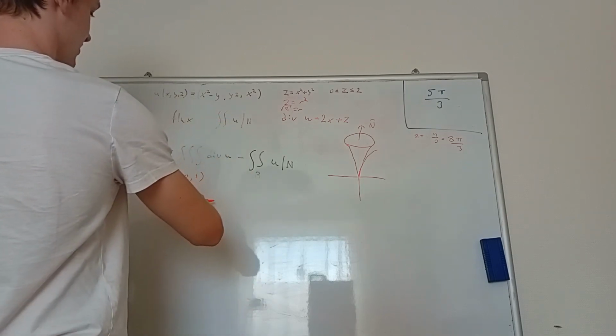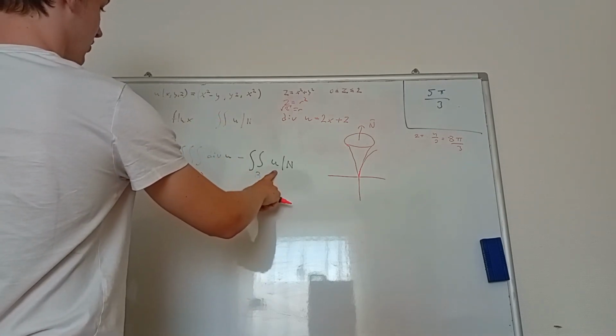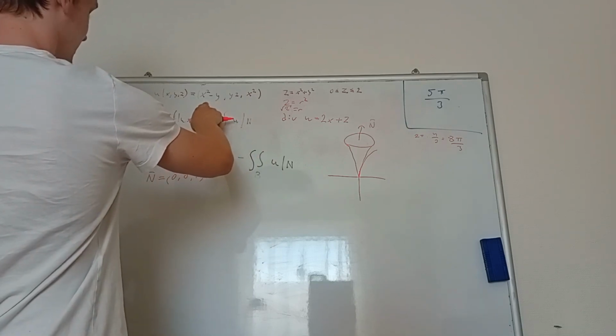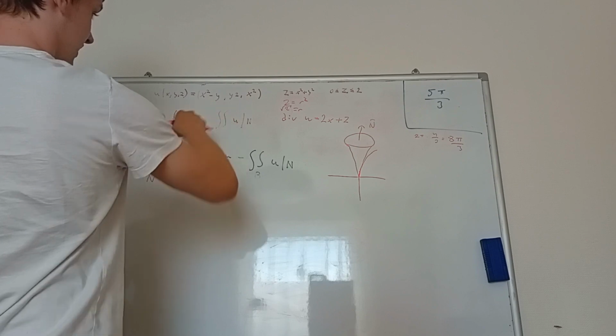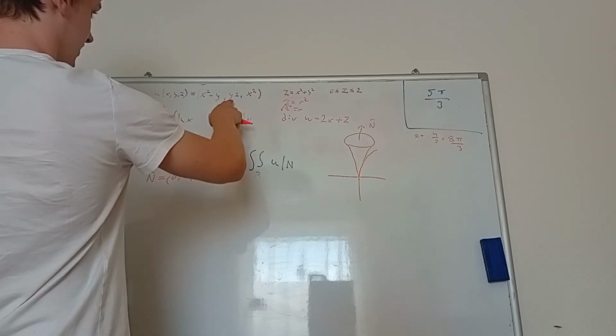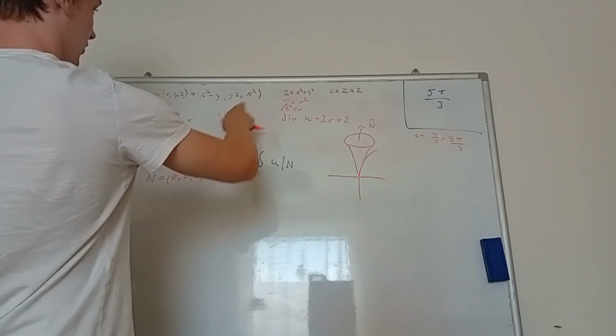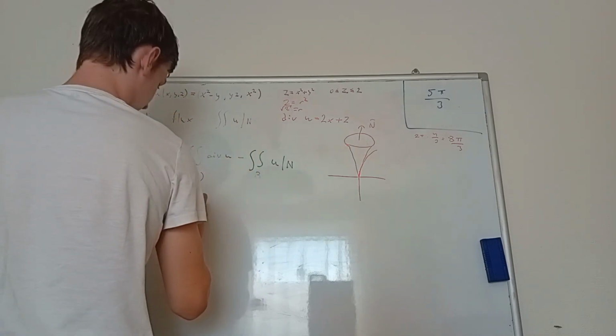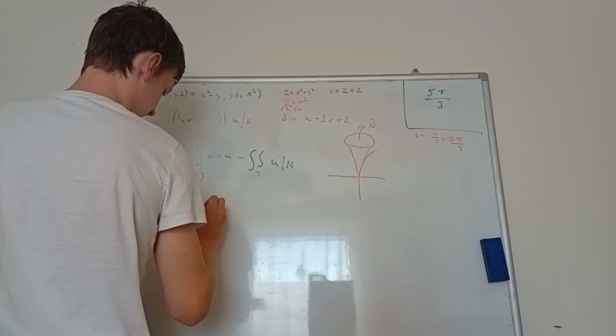So if you take 0, 0, 1 times u, you can see here that 0 times x squared minus y is 0. 0 times y is 0, and 1 times x squared is x squared. So we're going to have the double integral of x squared.